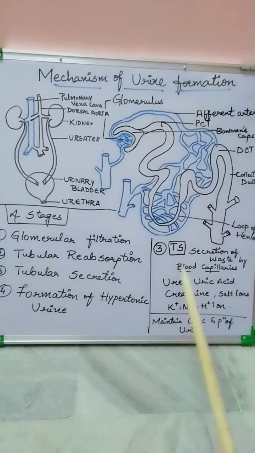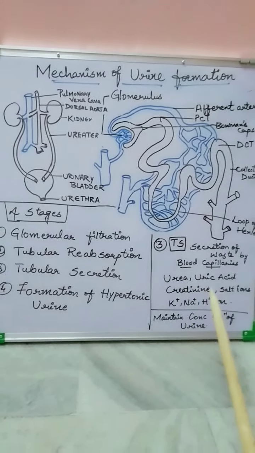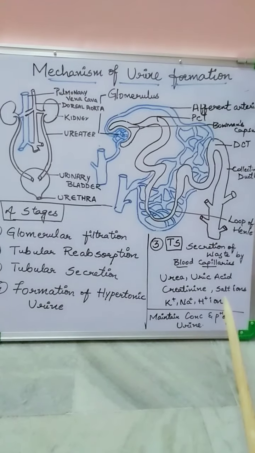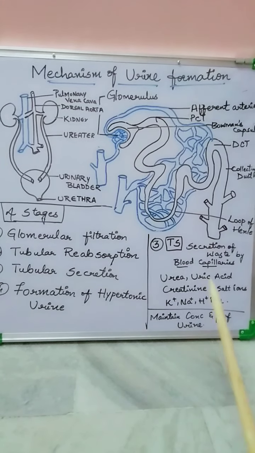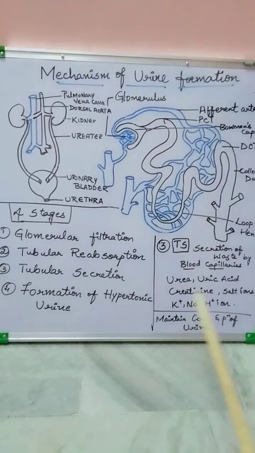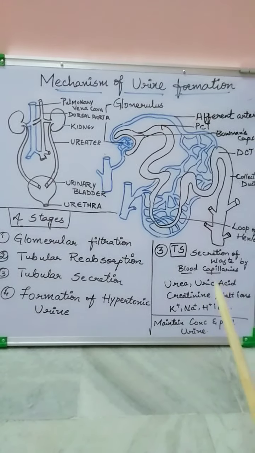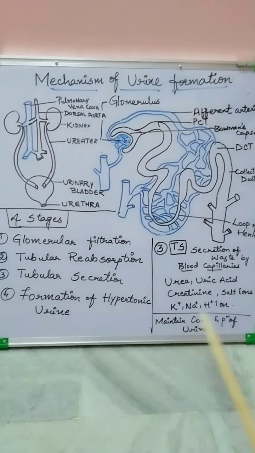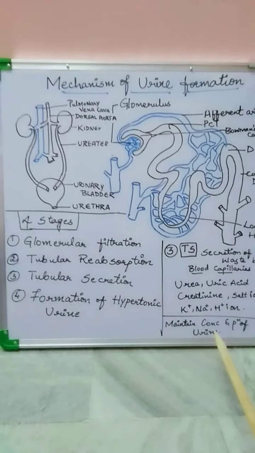What are the wastes that are excreted? That is urea, uric acid, creatinine, salt ions like sodium, potassium, hydrogen ions. Why is it taking place? To maintain the concentration as well as the pH of the urine.